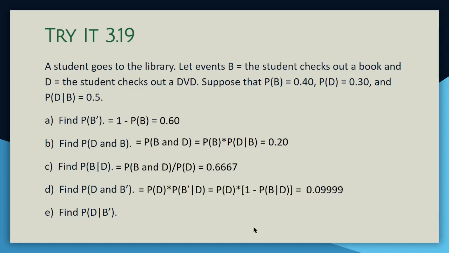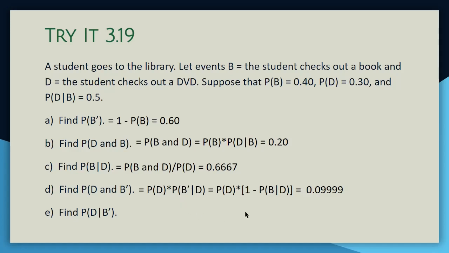Next one's a little tricky. It asks for the probability of D and the complement of B. So this would be the probability of D times the probability of not B, given that D's already happened. And I happen to know for conditional probabilities, I can use that complement rule as long as it's that first event I'm looking at.